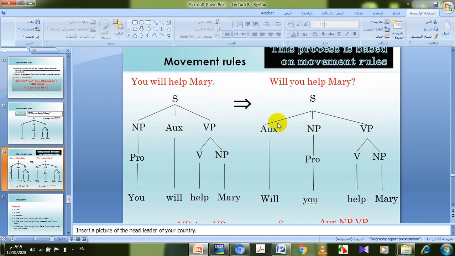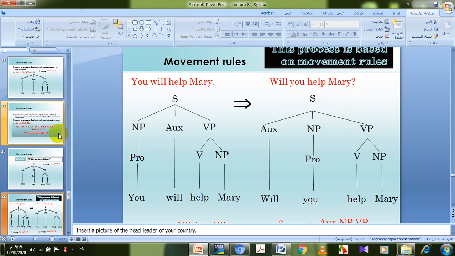The one on the left, of course, is the declarative sentence, you will help Mary, and the one derived is, will you help Mary?